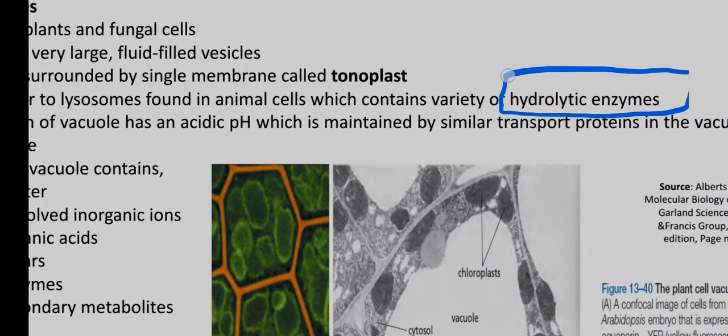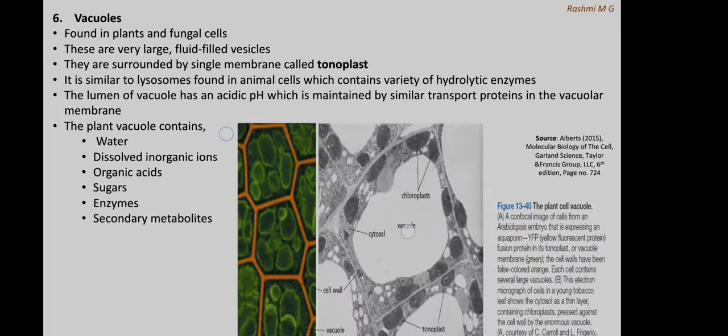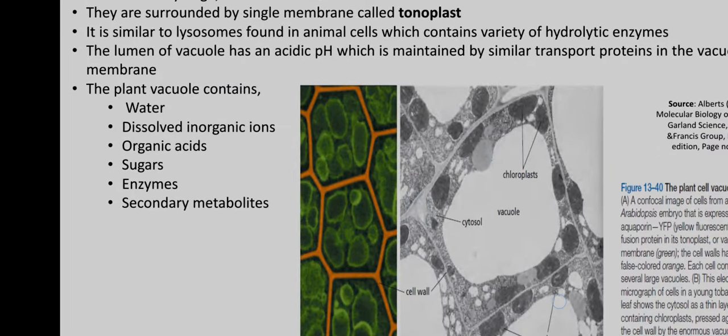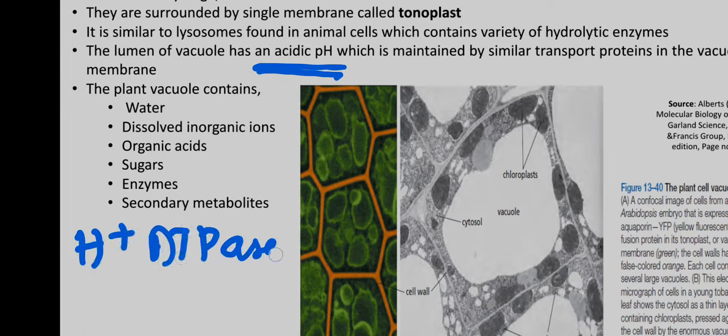it evidently has hydrolytic enzymes, protease, phosphatase. The lumen of the vacuole has an acidic pH, and the H plus ATPase helps in the maintenance of acidic pH.